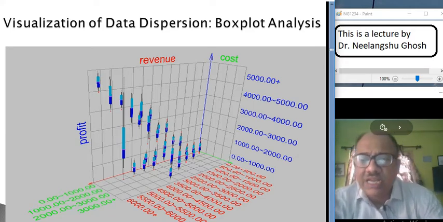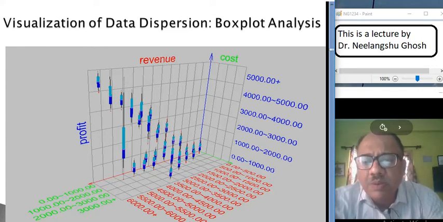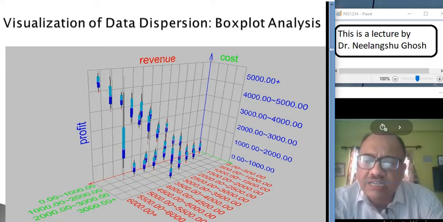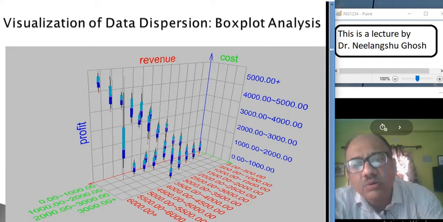So here, if a value is in this particular box, that means the revenue, because red is the revenue, is 3500 to 4000, and the cost is 1 2 3 4 5, so maybe 5000 plus.